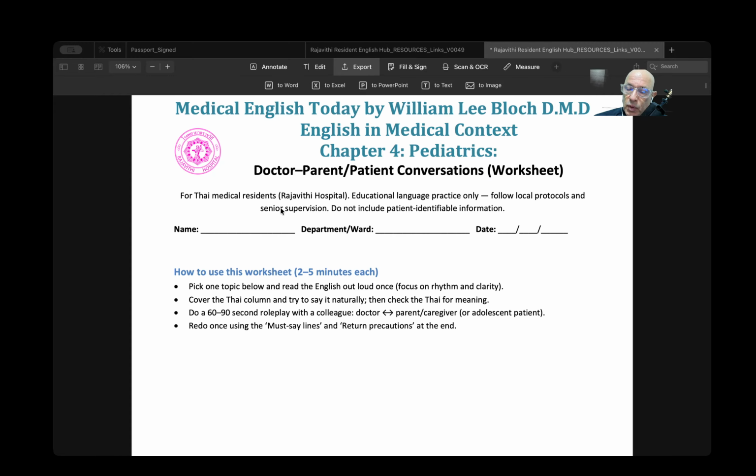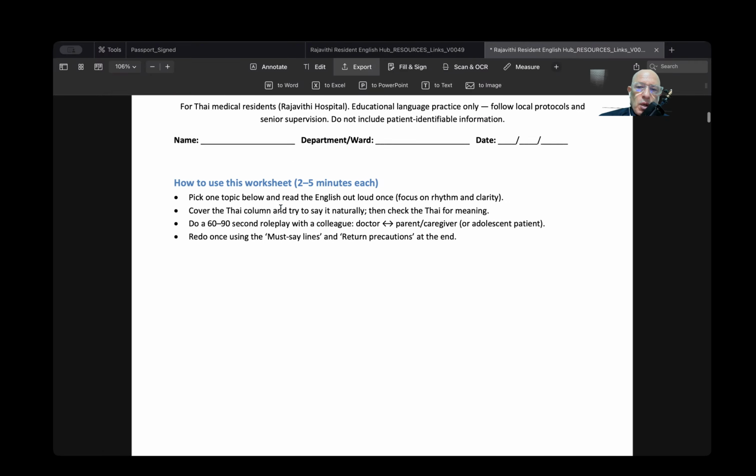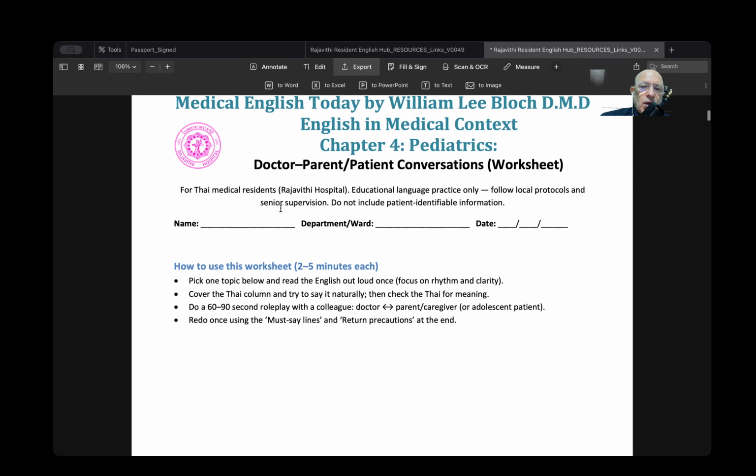So let us take a look at this and sample some of the English language, and you can review it with me and check your pronunciation. We're on page 2. It's taken the topic of, or the area of the specialty of pediatrics, and created a worksheet that is extremely useful.